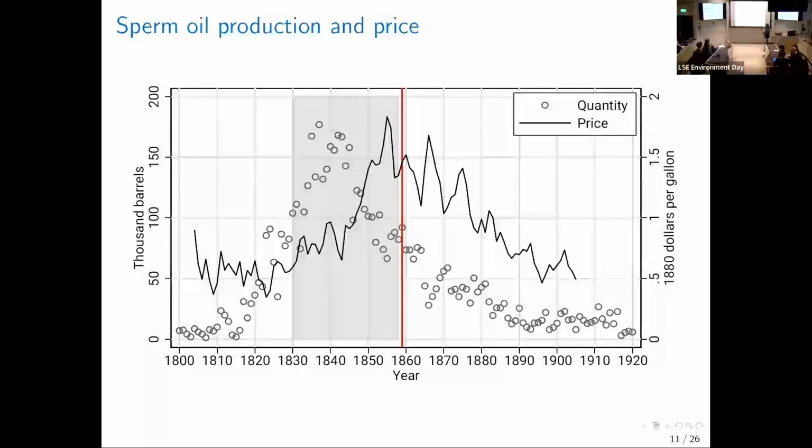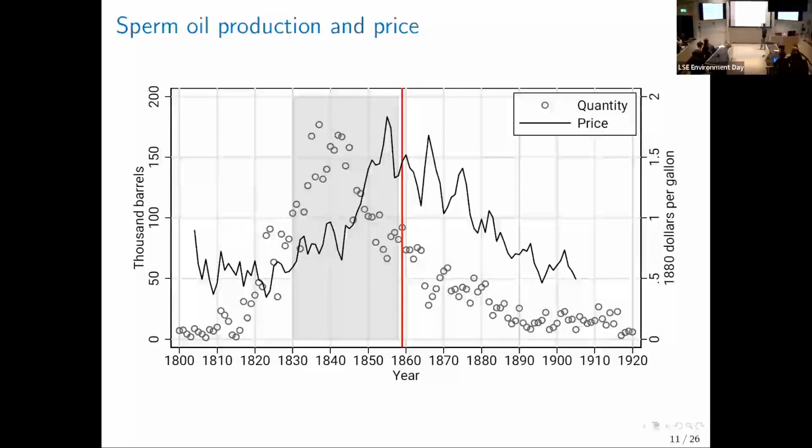The major output was sperm oil, which was the most valuable output, and the dots are the quantity produced. You can again see the peak during the golden age period around the 1850s, and then it declined quickly. Then the price started to increase a lot, it almost doubled.